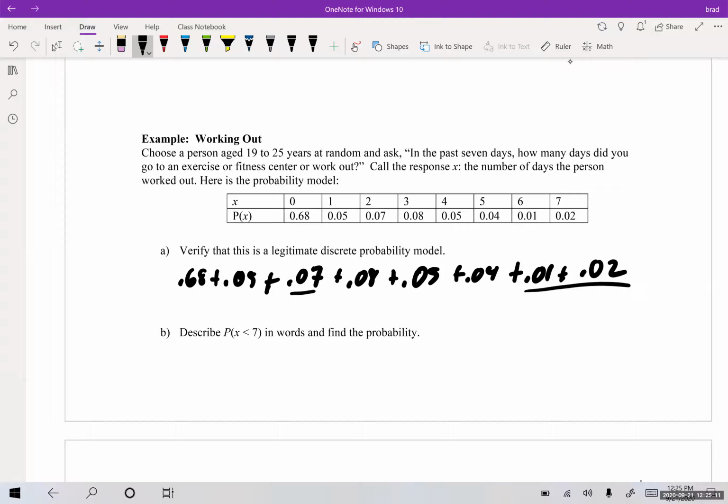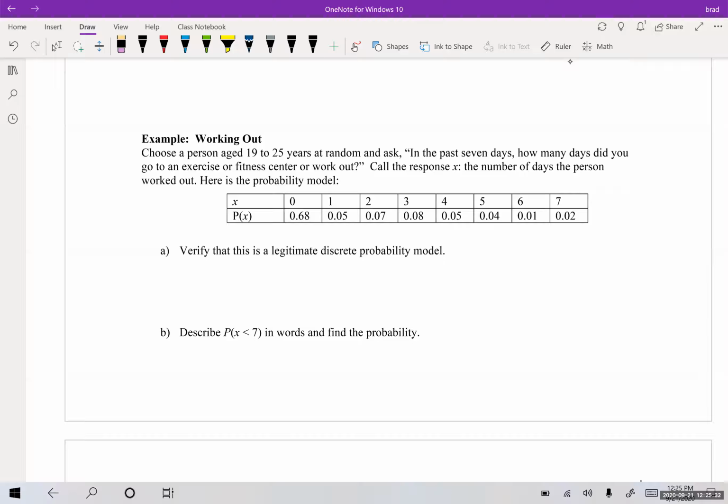This is 0.1. And this is, let me see, 0.17. 0.27. Oops. So I'm just going to add them up. I'm trying to do it in my head and it's not working.